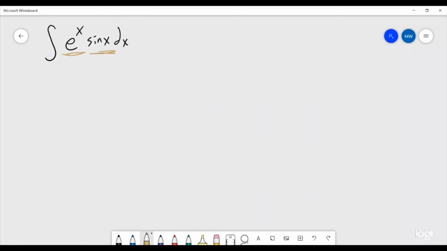The reason these are very confusing for students is if we just continue to do integration by parts blindly, just following the rule, this is never going to end. So we have to be a little bit clever in our approach to this.